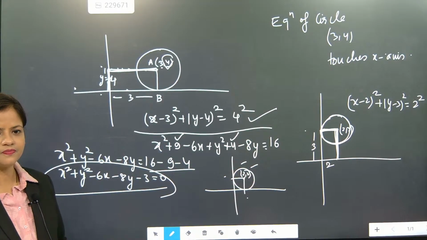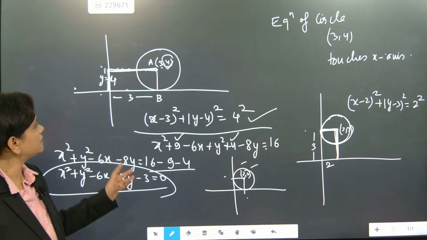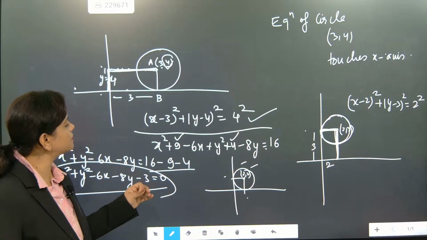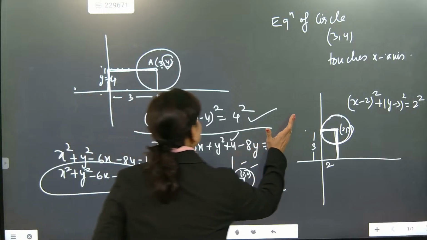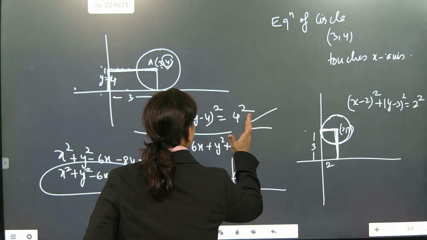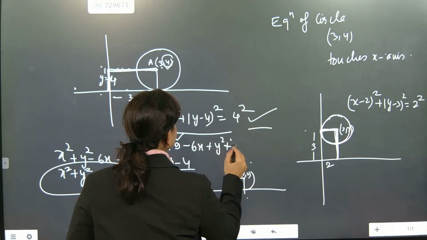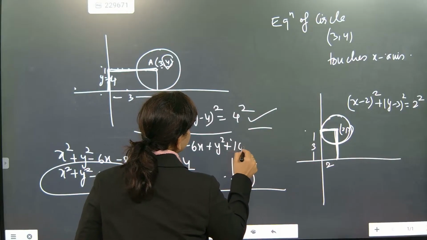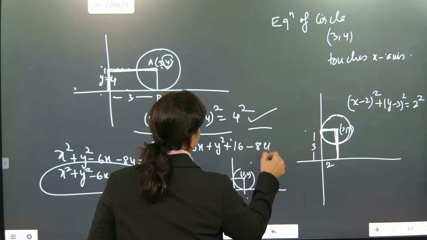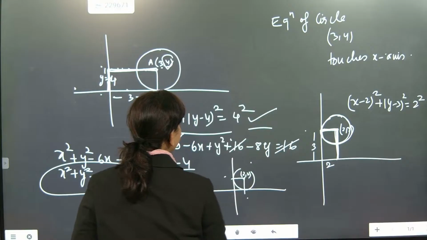Did you understand? So here it is coming as y square plus 16 minus 8y equal to 16. So this and this will get cancelled.